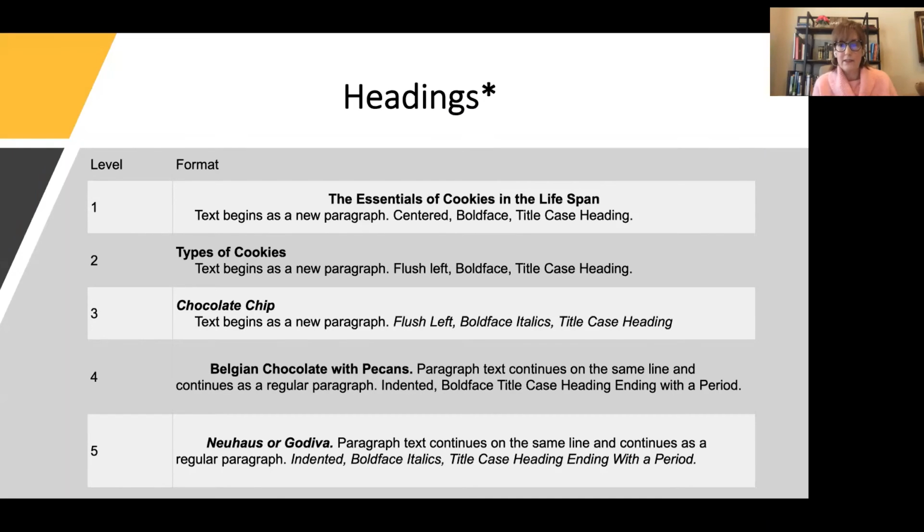Because if you think about this particular paper that Mr. Tollhouse has written, if he didn't have any headings and it was all one big block of information, the reader might be very confused about the transitions from section to section. The headings really help direct the reader to know how the information is organized.